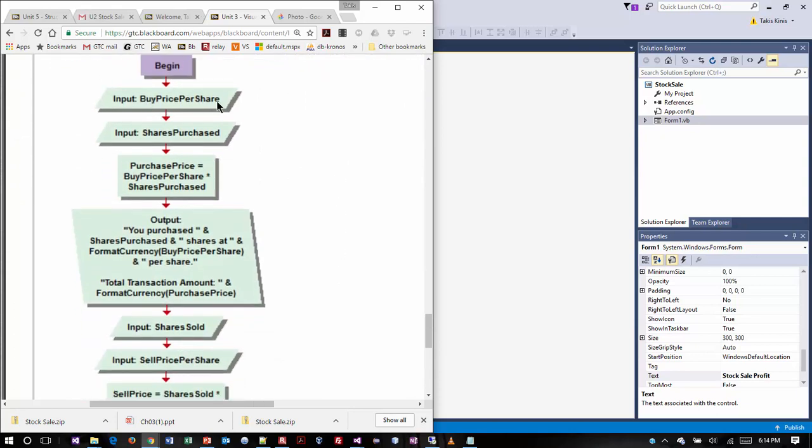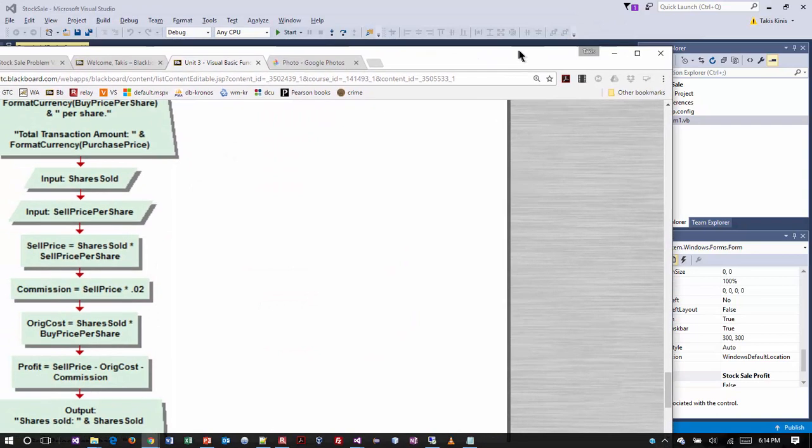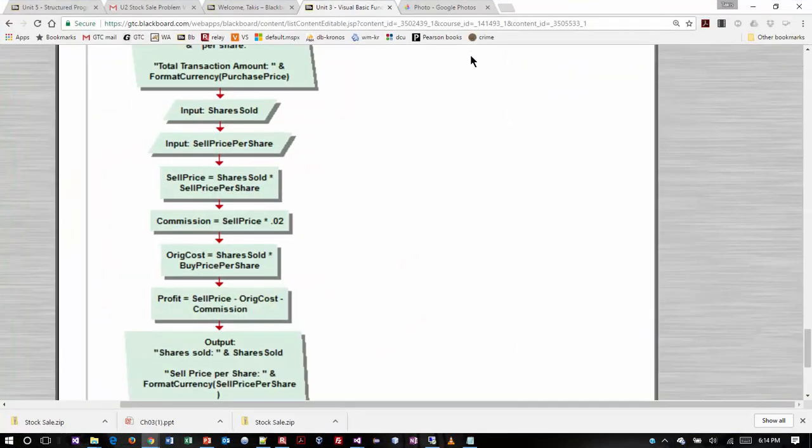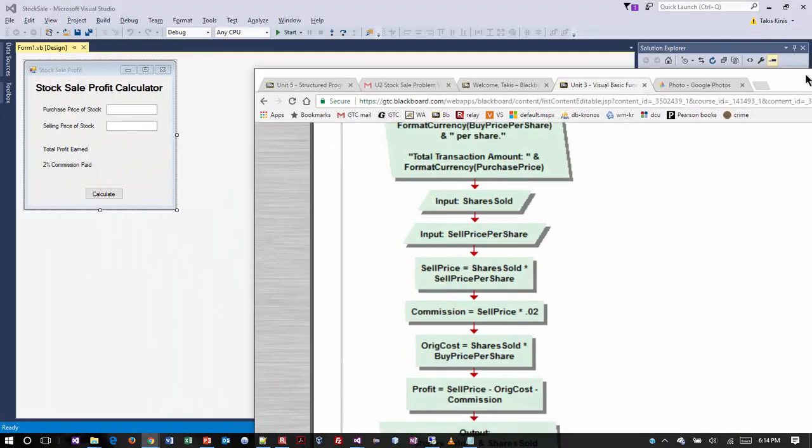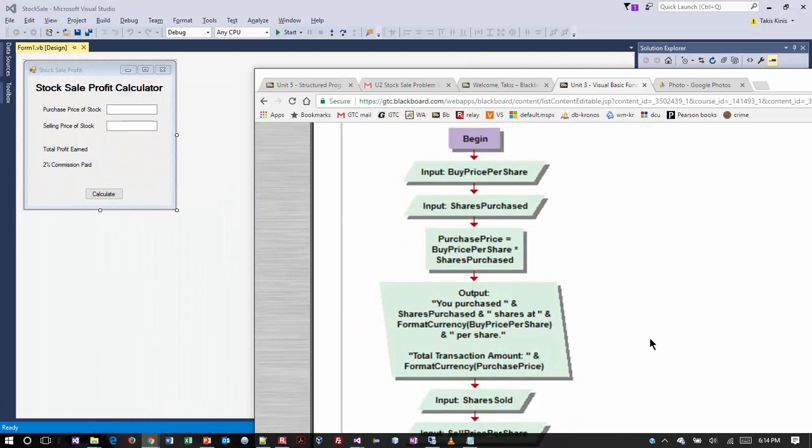And I see how I have my variables named, and I also know how I have all my labels and text boxes and all that stuff named. So in order to make sure that it follows through consistently, I'm going to be really methodical about how I change the names. So I'm going to keep this file handy so I can refer.